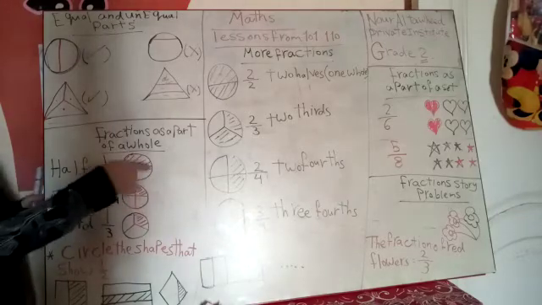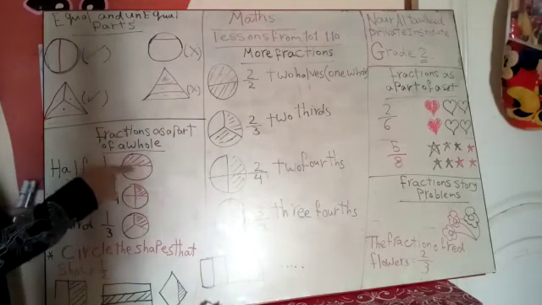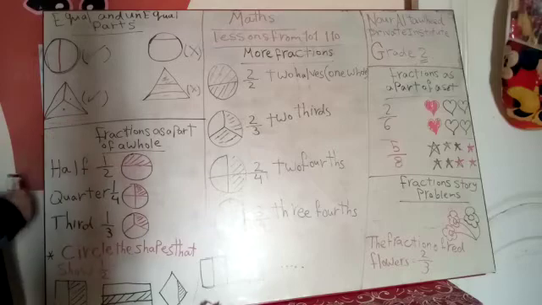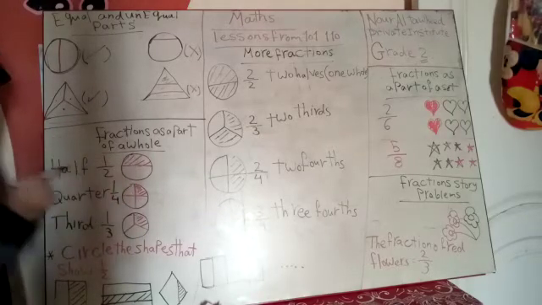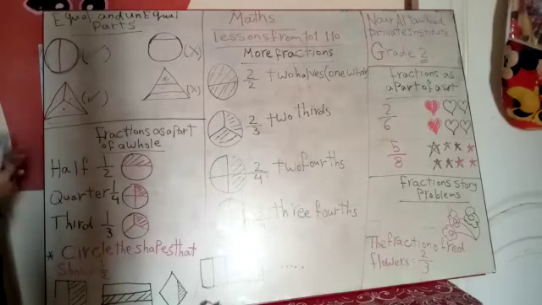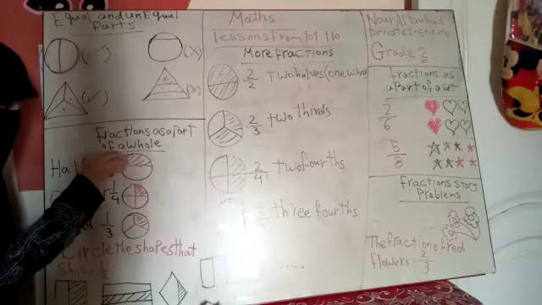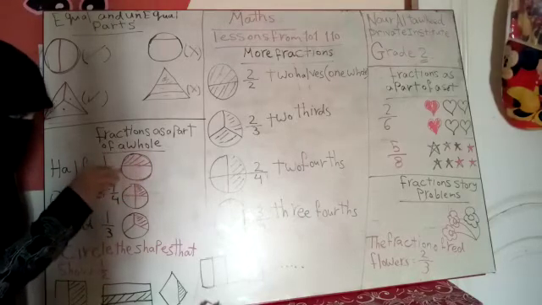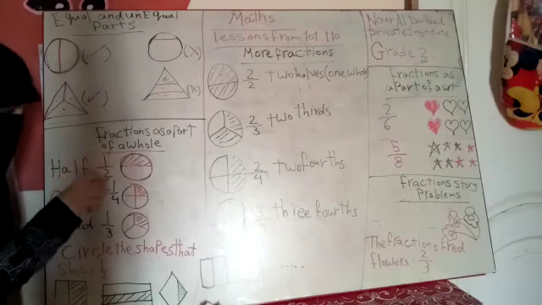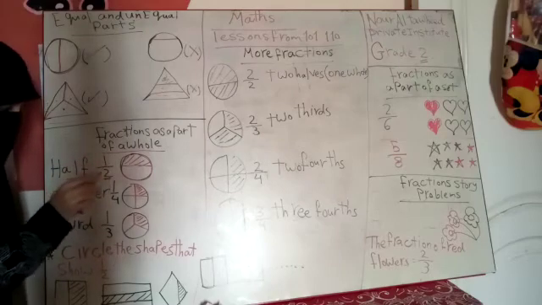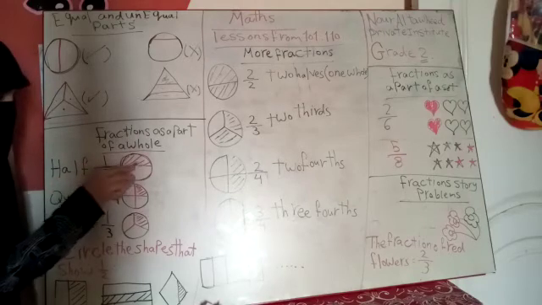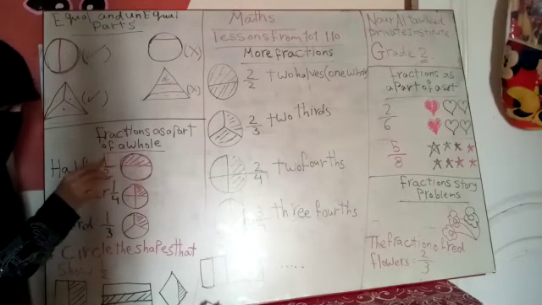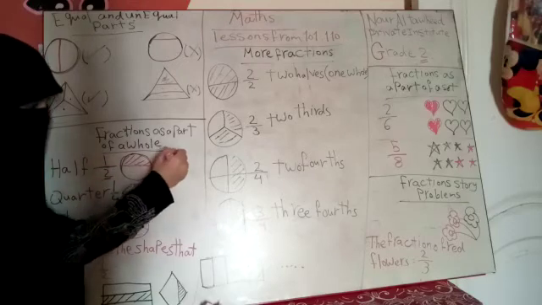Like this, if we draw a circle and divide it into two equal parts, and take one part from two, how can we write this fraction? We draw a whole circle and divide it into two equal parts, right? Two down, and we take one part from this, like a pizza.